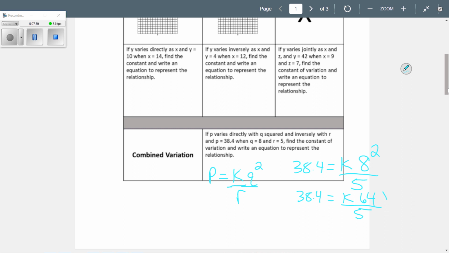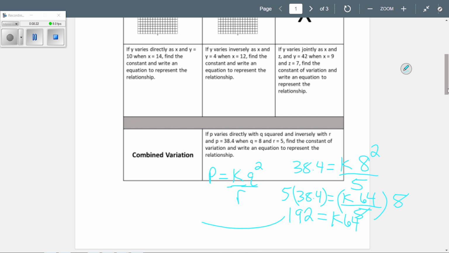So now we're going to multiply by 5 to get that going. What we do to one side, we must do to the other. All right? So now we have 38.4 times 5 is 192. And that equals k times 64, because this 5 and that 5 is gone.